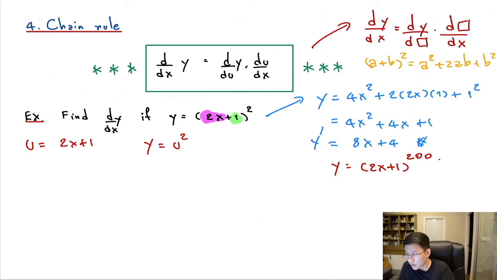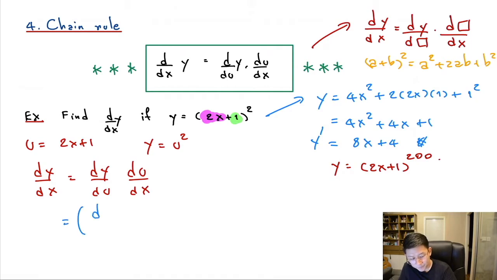So dy by dx is dy by du times du by dx. So dy by du is what? It is d of u squared by du, times du, which is d of 2x plus 1 by dx.